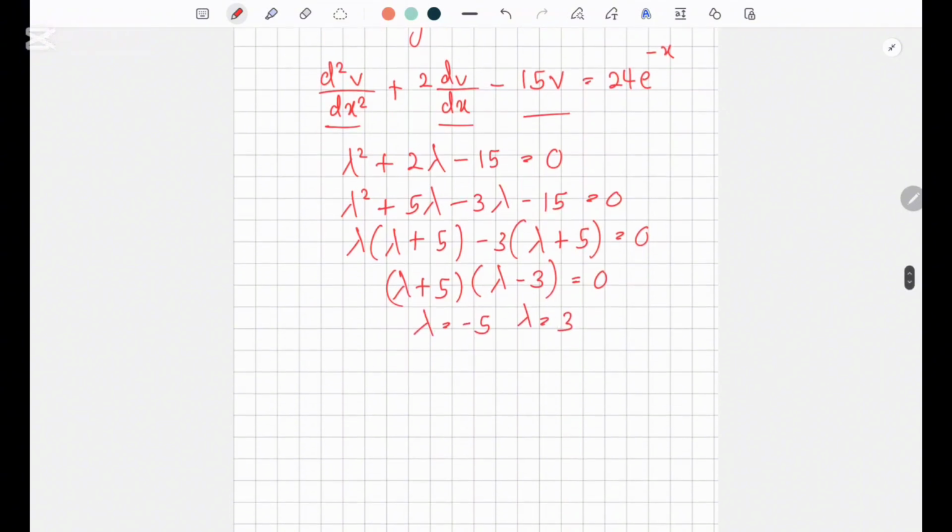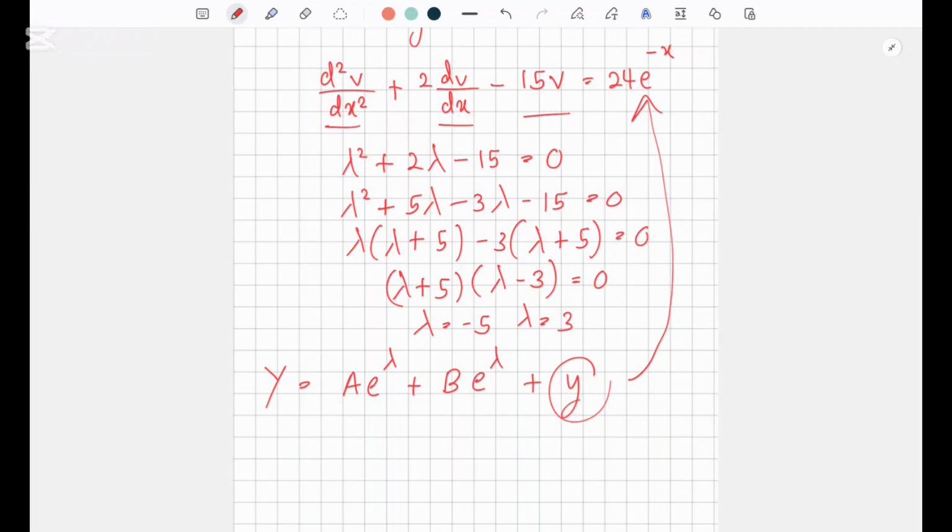So when you have this case, you should know your solution is going to be a e to the power minus lambda plus b e to the power lambda plus y. Alright, it says capital Y, plus y is going to be related to the 24 e to the power minus x.